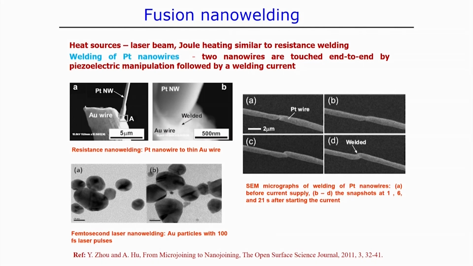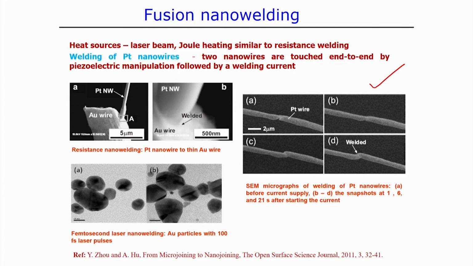If you see the right hand side figure, here we see two platinum nanowires before current supply. Handling of this kind of nanowire, or maybe nanotube, is very difficult.